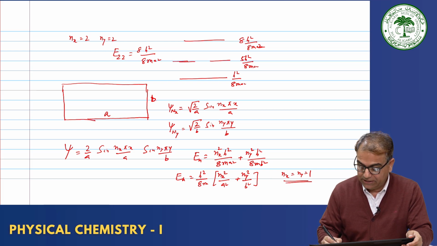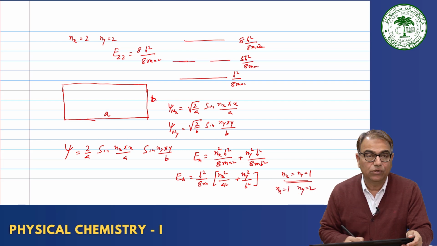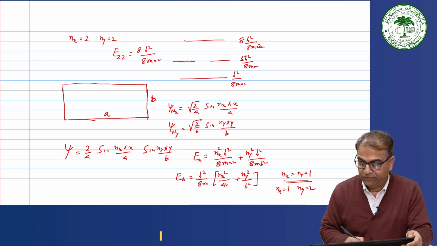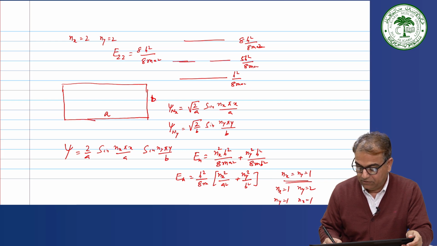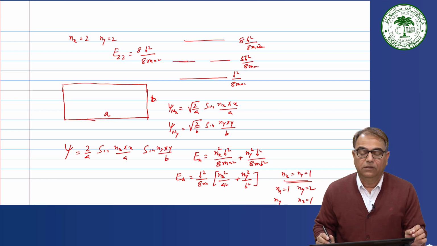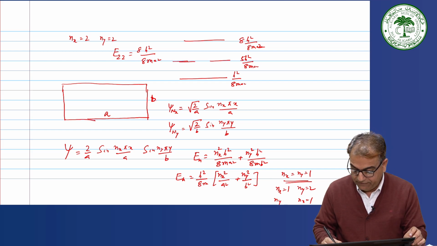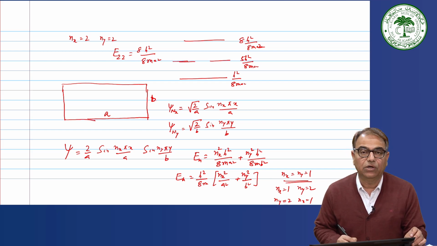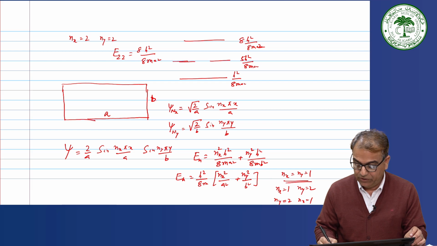But if you put nx equal to 1 and ny equal to 2, and then ny equal to 1 and nx equal to 2, you will get two different values. If you make ny equal to 2 and nx equal to 1, then the two energy levels are not the same.